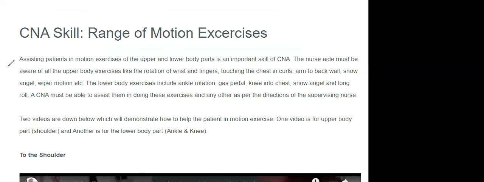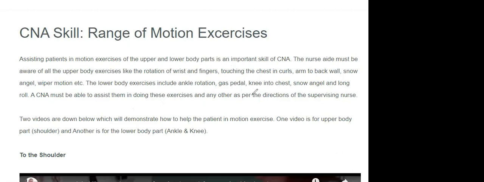Assisting patients in motion exercises of the upper and lower body parts is an important skill of a CNA. The nurse aide must be aware of all the upper exercises, like the rotation of wrists and fingers, touching the chest and curls, arm and back wall, snow angel, wiper motion, etc. The lower body exercises include ankle rotation, gas pedal, knee to chest, snow angel, and log roll.